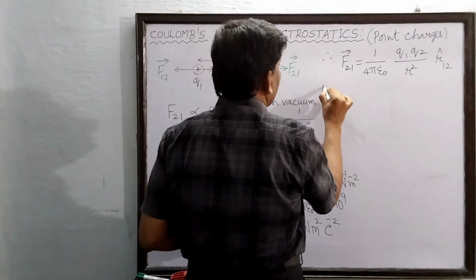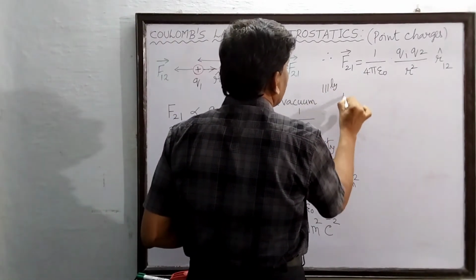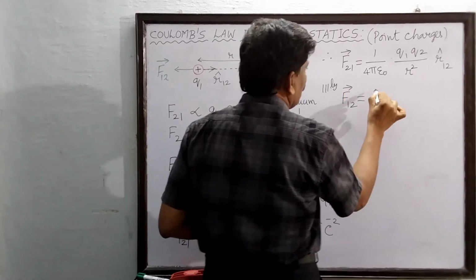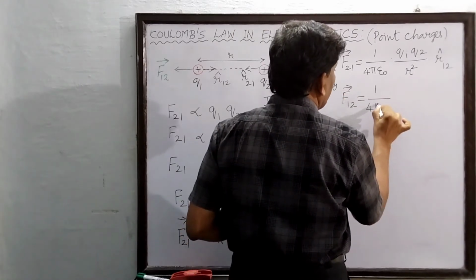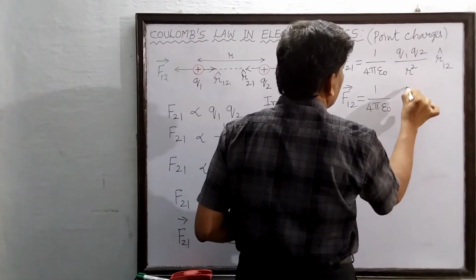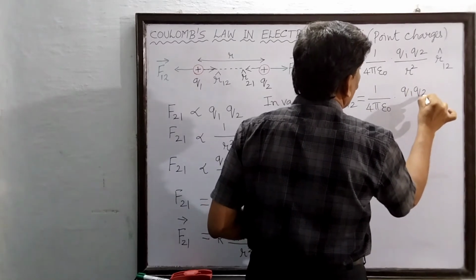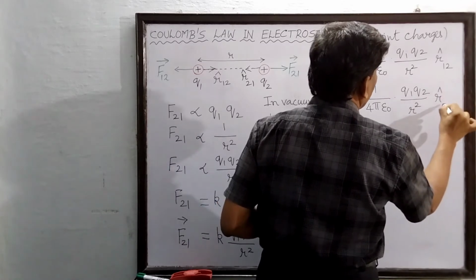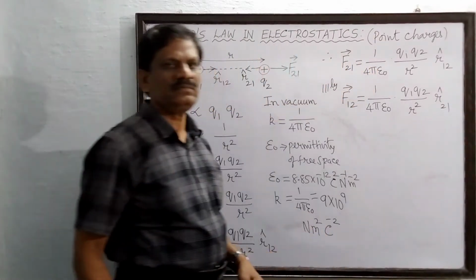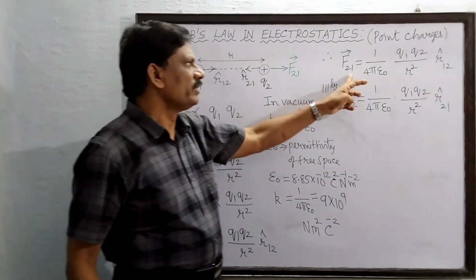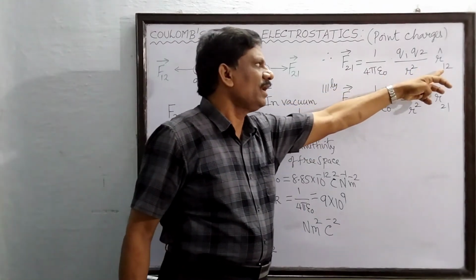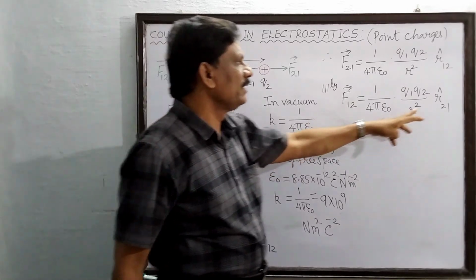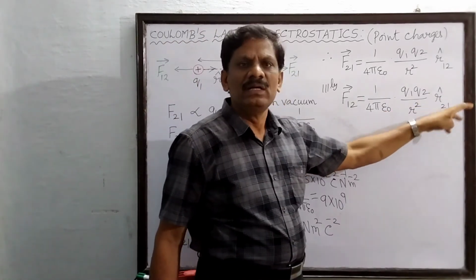Similarly, I can also write F12 vector is equal to 1 by 4 pi epsilon naught into Q1 Q2 by r square into r cap 21, is it not? So for F21 vector, here is r cap 12 vector, whereas for F12 vector there is r cap 21 vector.